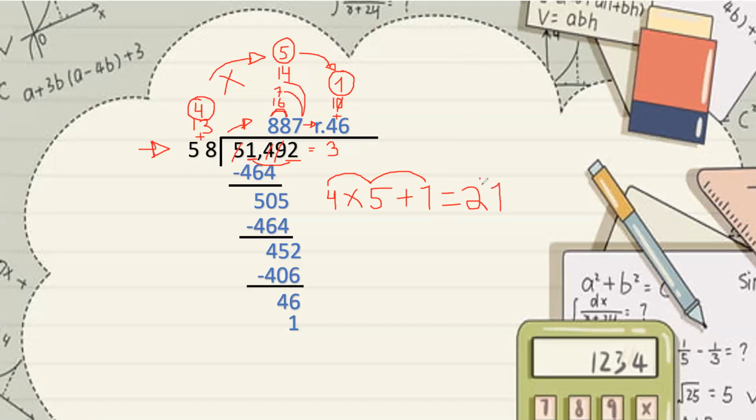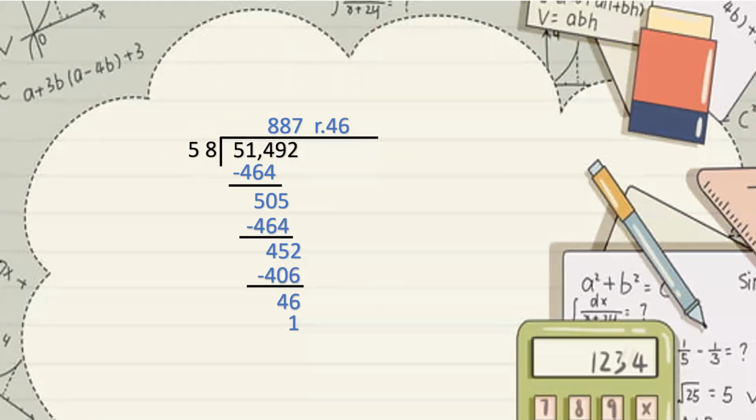And 2 plus 1 equal 3. This is my final exceed. And look, this and these are the same. That means my division is correct. Excellent. Now let's continue with the next exercise.